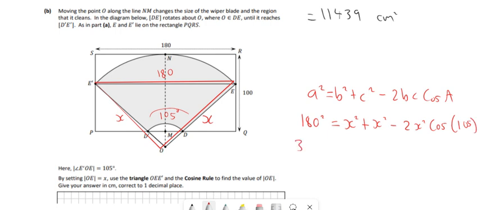So we get 32400 equals 2x squared minus. Now if you do 2 times cos of 105, you should get 0.5176, and then the x squared is there obviously.